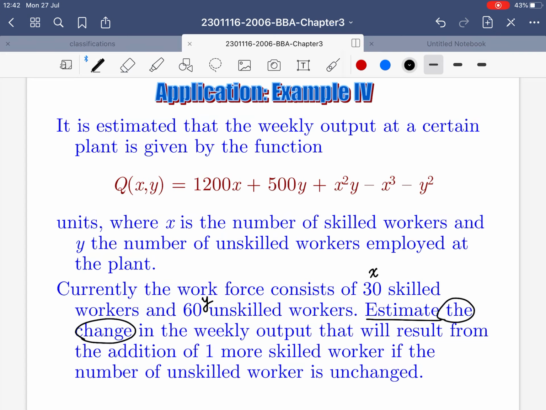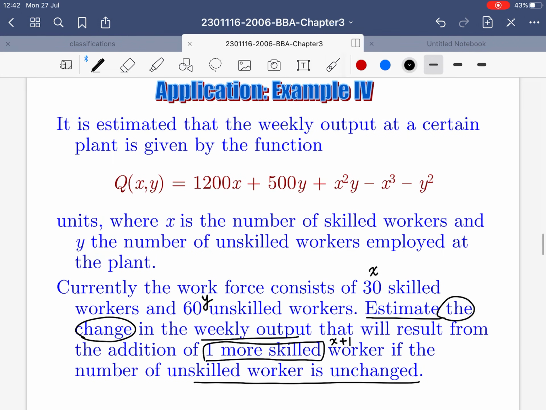So the change in the weekly output is the change in Q that will result from one additional skilled worker. So this is from x to x plus 1. The number of unskilled workers is unchanged, so y is unchanged, but x changes from x to x plus 1.